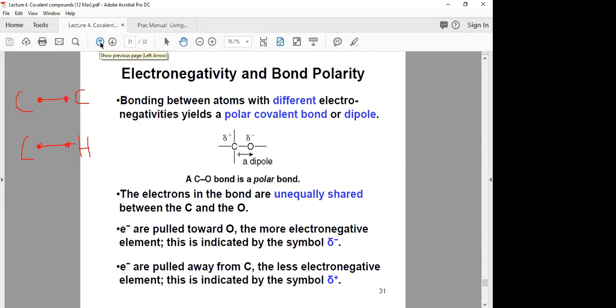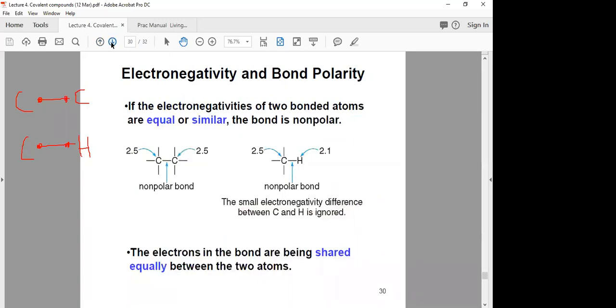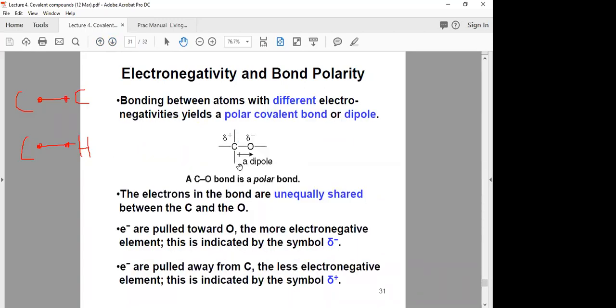So we've got an example shown here, carbon, oxygen. Let's just go back and have a look at the electronegativity values for carbon and oxygen. Carbon 2.5, oxygen 3.5. Oxygen has a value of 3.5.